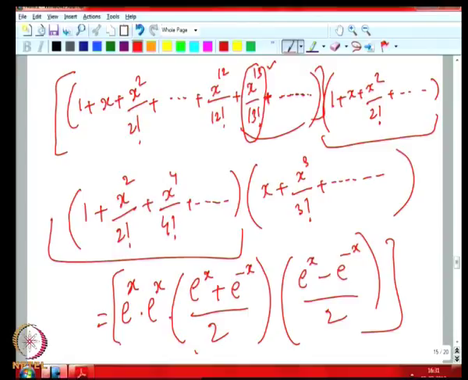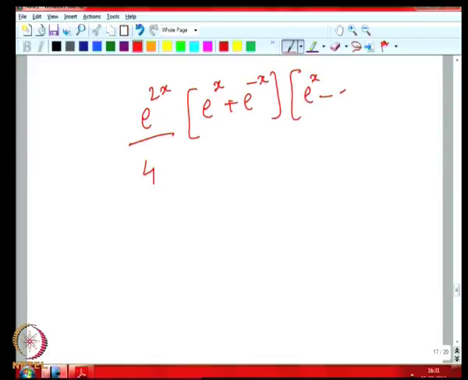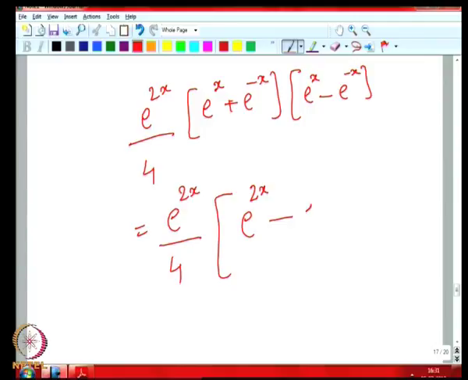So this is e to the power 2x by 4 into e to the power x plus e to the power minus x into e to the power x minus e to the power minus x, which is e to the power 2x by 4 into e to the power 2x minus e to the power minus 2x.